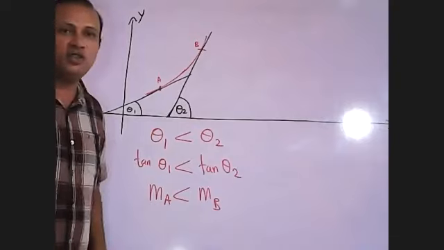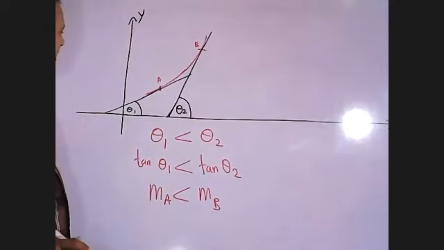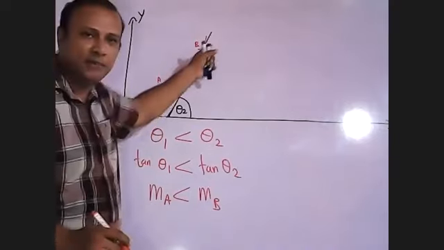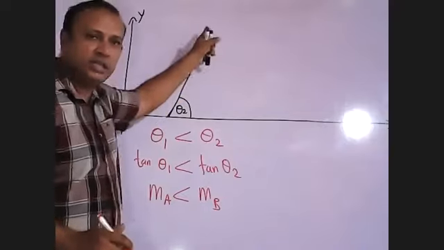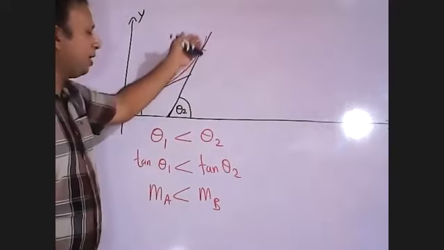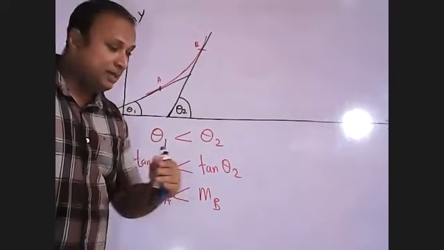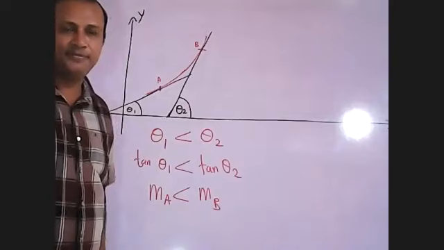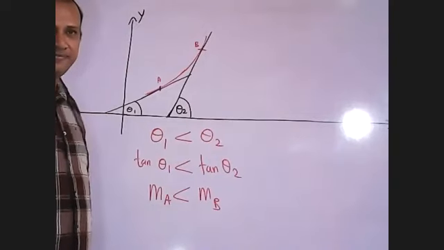If we have this kind of shape, normally we call it a concave shape. If we have this concave shape, the gradient increases with x.